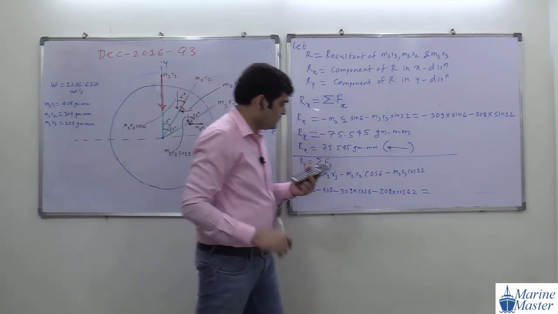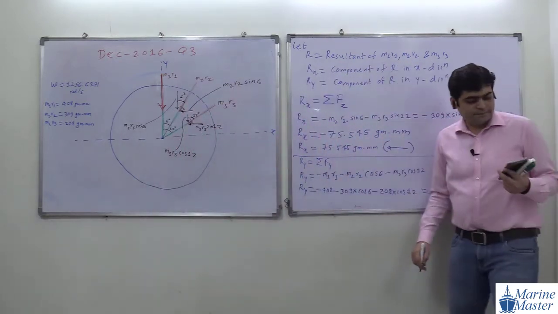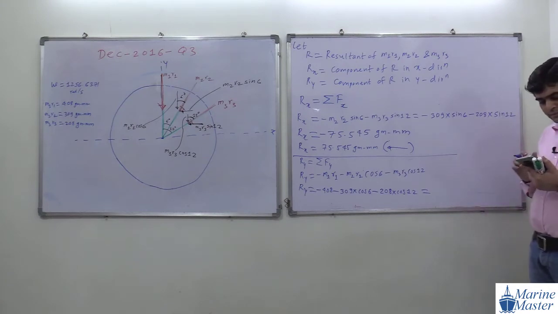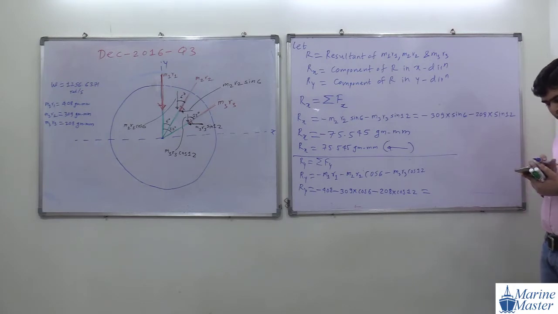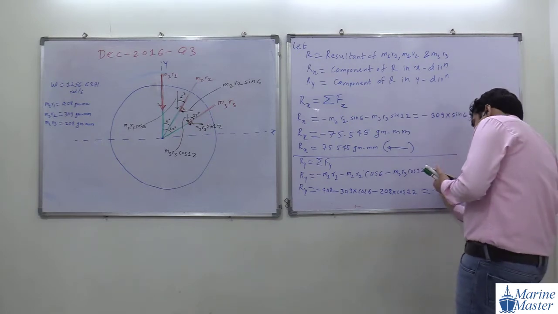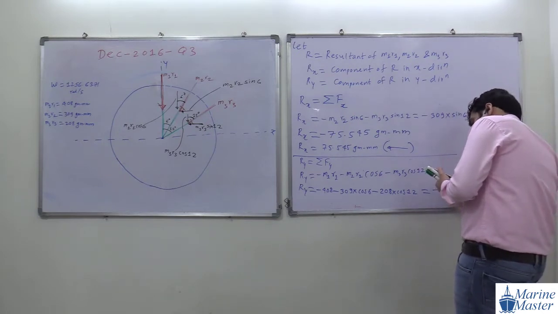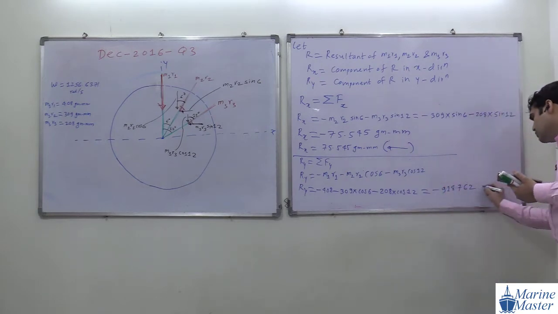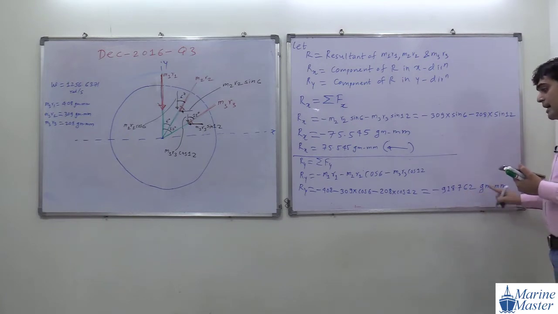How much are we getting? Minus 918.762 unit gram mm. Okay, see the unit, gram mm.